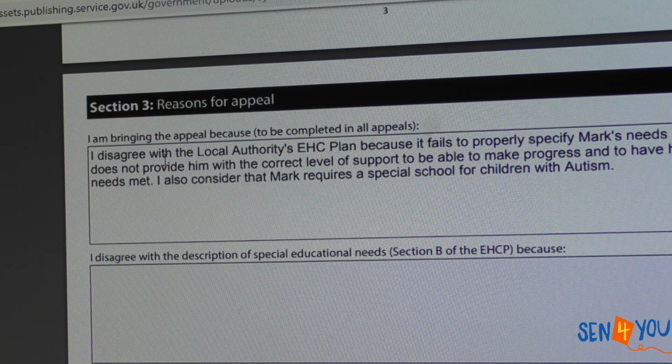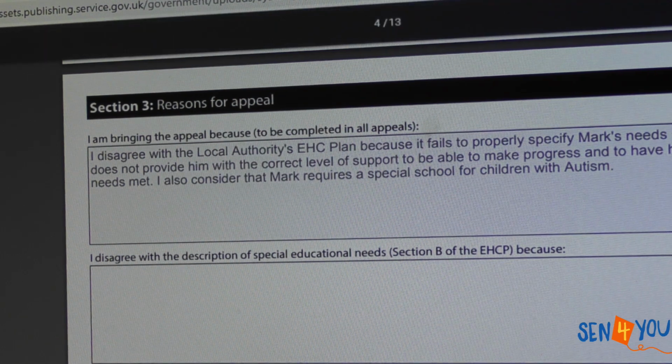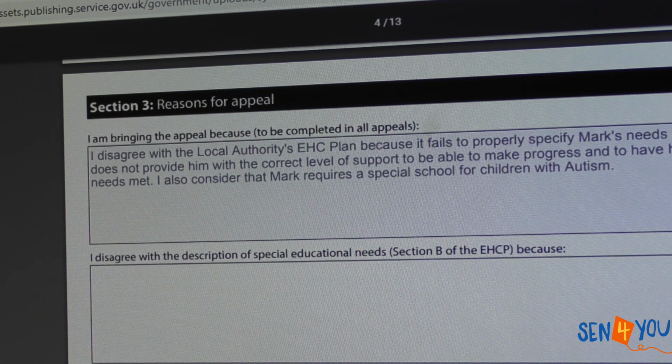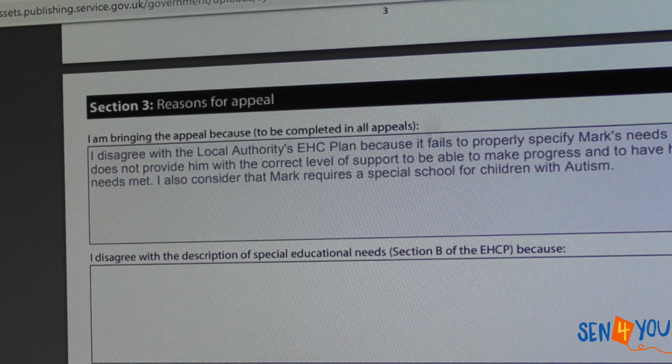in dispute. Now, again, at this point, you might not have all the information available because you might be looking to instruct private professionals to give you information about the changes that should be made to the EHC plan. So what we look at here is the description of the difficulties as currently set out in the EHC plan, and what we say to the tribunal is things like this.